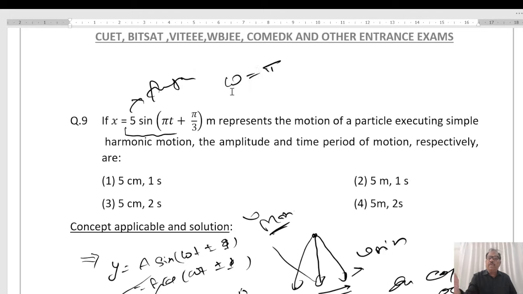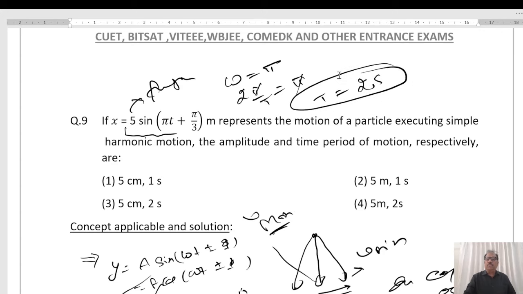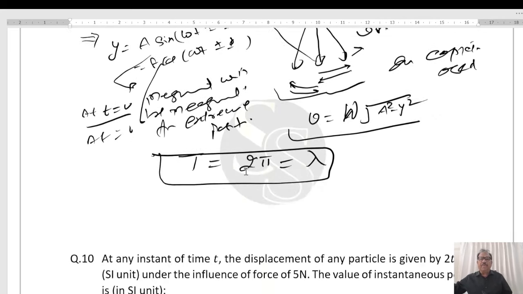We have to find the time period. 2 pi by T equal to pi. Pi goes, T comes out to be 2 seconds. So our correct option is 5 meter amplitude, 2 seconds time period. Fourth option is correct, right?